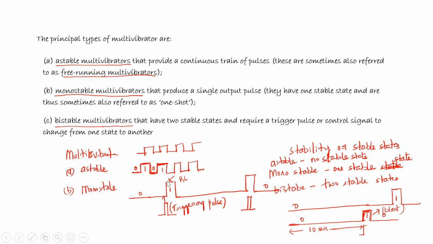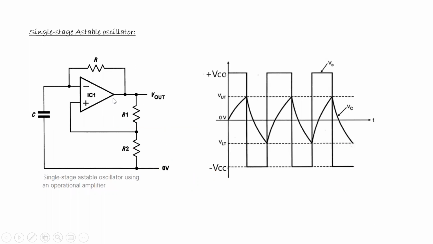For that duration it will be 1, and again it will come back. Soon after it comes back, it will go to 1 only when I apply external triggering, and it will again stay there for the duration that I have designed using the RC circuit. That is this circuit, so I'll come to this.